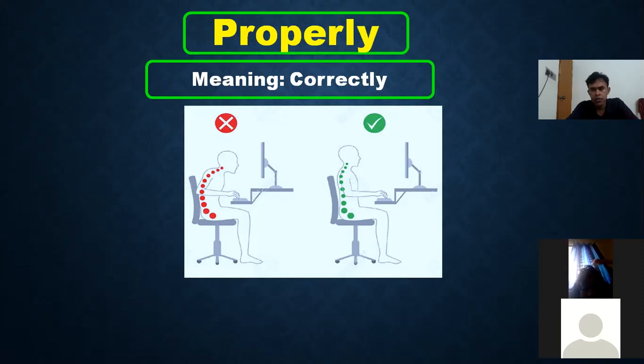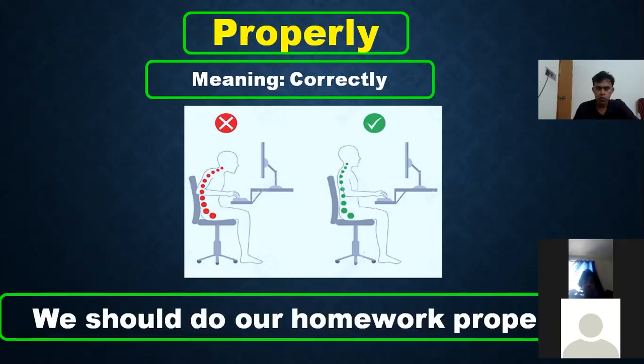But in another picture, a green dot has been used. He has sat on the chair in an erect manner. That is the proper one. That's why a tick mark has been used. Correctly. We should do our homework properly, correctly.